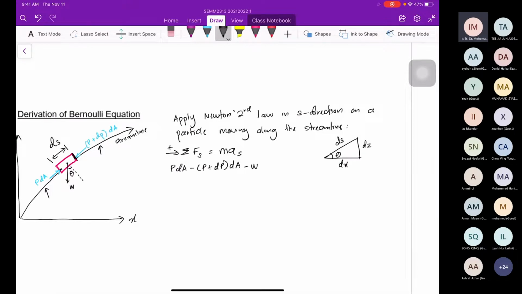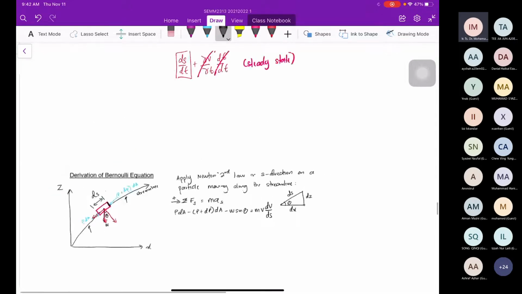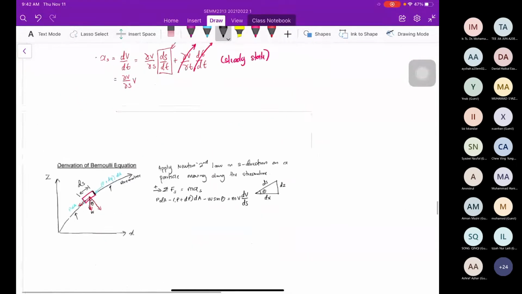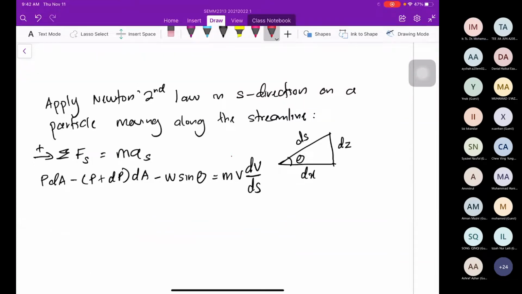Because now the weight, we separate into streamline and the normal direction. So the weight here, we separate into this component and this component. Now we consider the weight in the streamline direction. Of course, it is minus W sine theta, equal to M V dV/ds, where dV/ds comes from acceleration in the streamline direction.